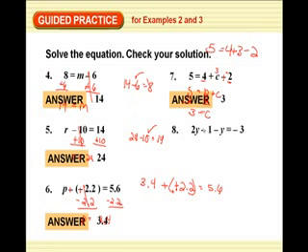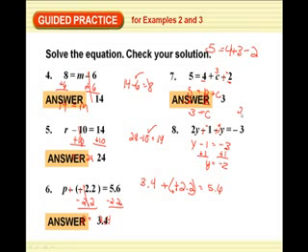Combining our like terms, well, let's change everything first. It just makes it easier. That's a negative 1. 2y plus negative 1 is just y. Minus 1 equals negative 3. Add 1, y equals negative 2.